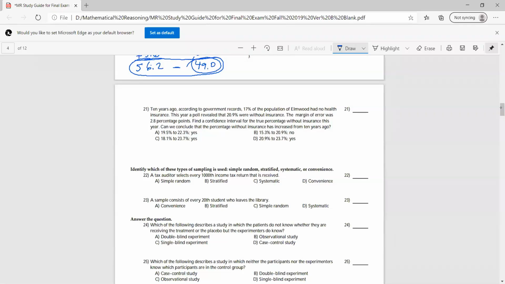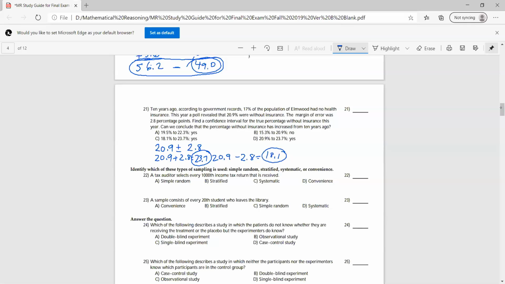Okay, so we know that this year we have 20.9%, and then we want to add and subtract our margin of error of 2.8%. So we want to do 20.9 plus 2.8, and we also need to do 20.9 minus 2.8. 20.9 plus 2.8 is going to be 23.7. That's going to be our high end. When we subtract, we're going to get 18.1%.